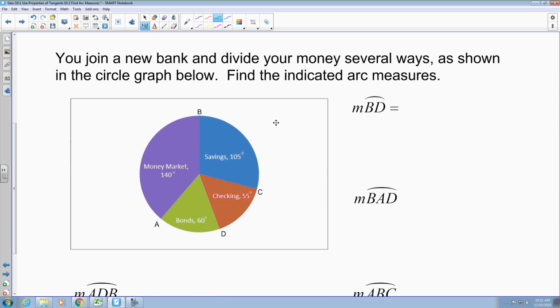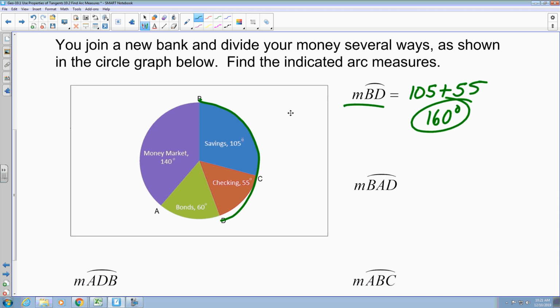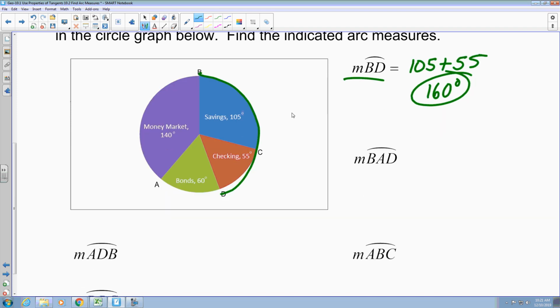With that in mind, we're going to look at this pie chart, and first, they want us to find the arc of BD. BD is right here, and that comes from taking 105 degrees plus 55 degrees, which equals 160 degrees.